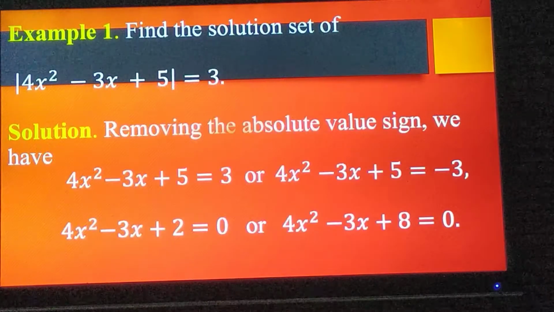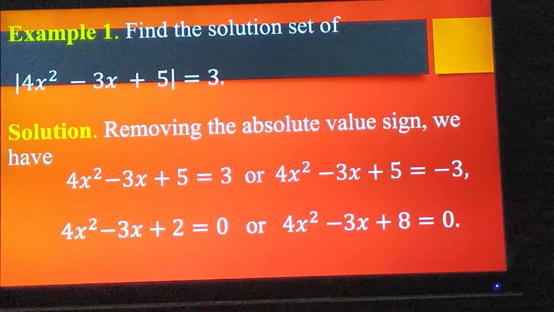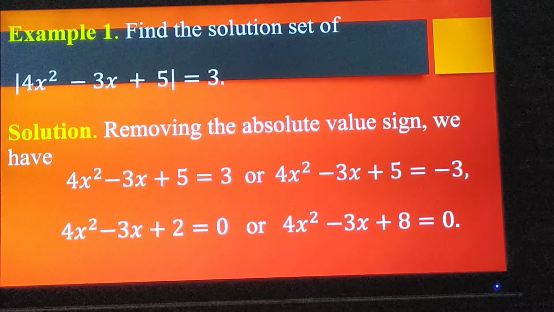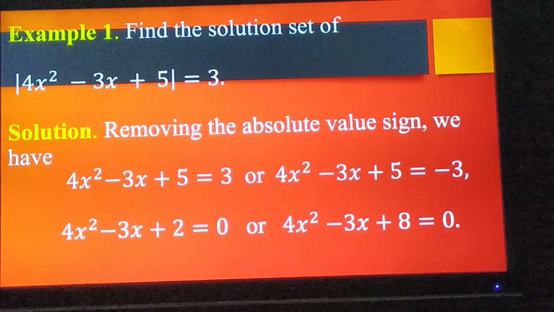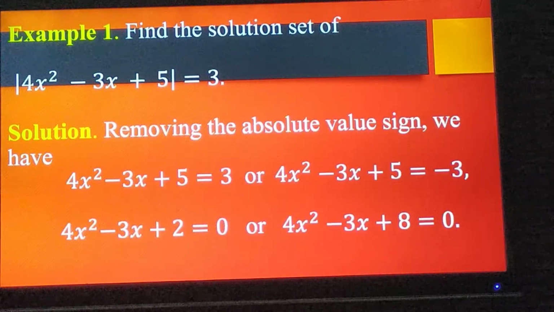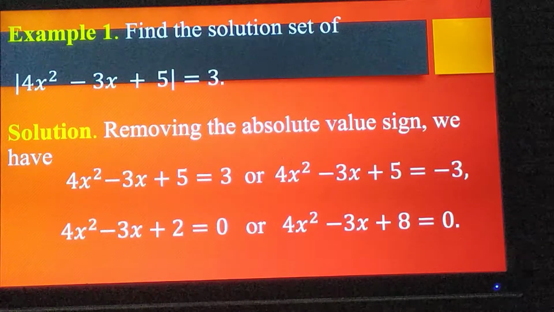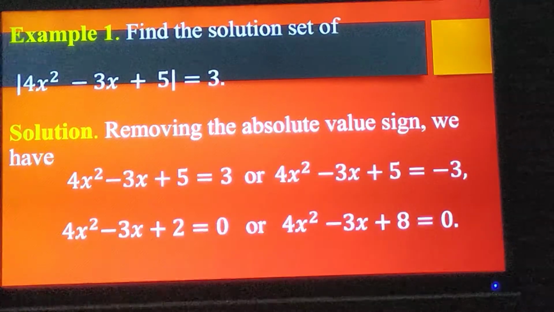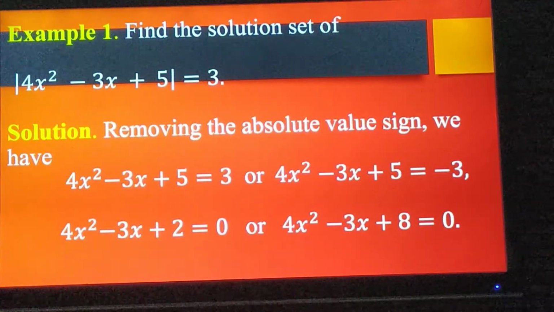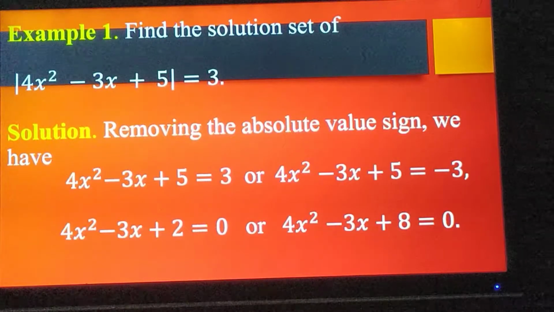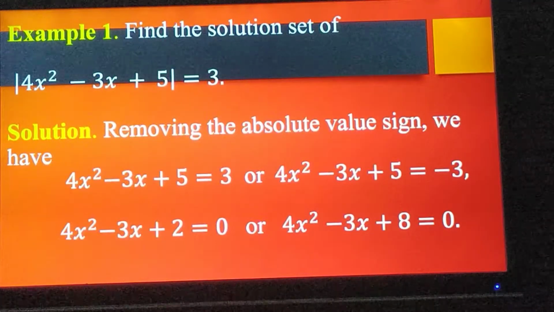Example: find the solution set of the equation absolute value of 4x squared minus 3x plus 5 equals 3. Removing the absolute value sign, we have 4x squared minus 3x plus 5 equals 3, or 4x squared minus 3x plus 5 equals negative 3.